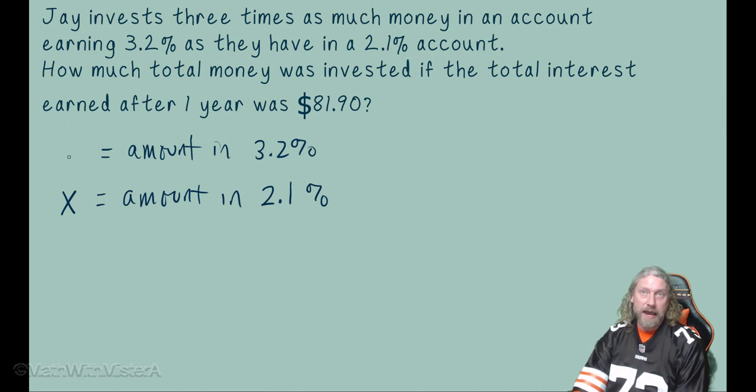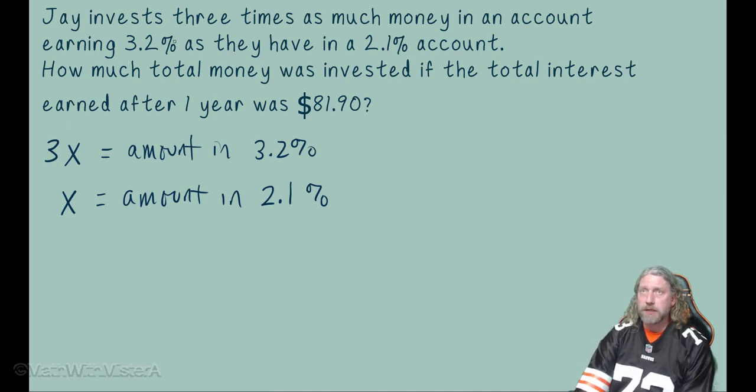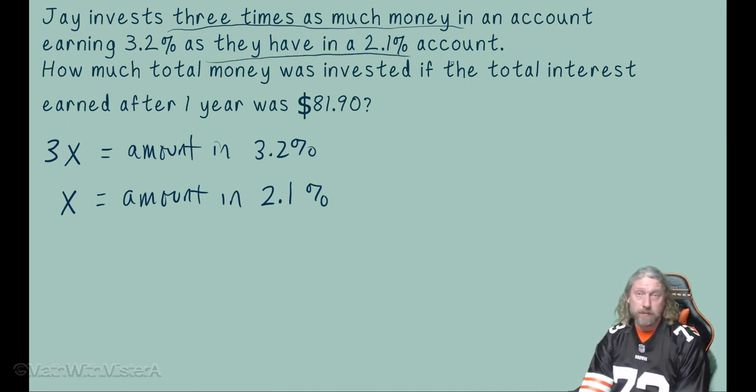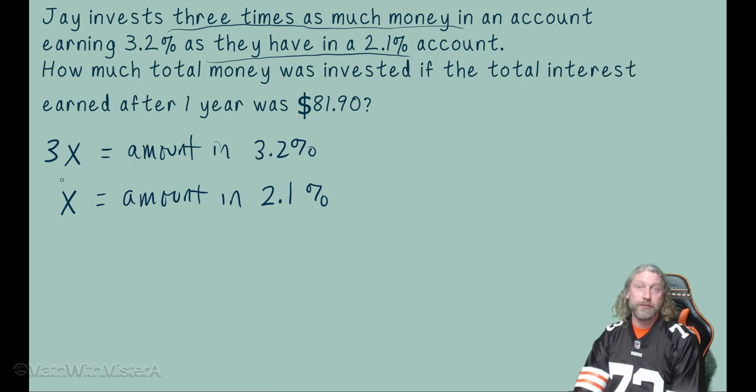So 3 times X. And that's how we'll use the variables for this problem. And again, this comes back to investing 3 times as much in the first account as they have in the other account. So the other account can be X. That first account can be 3 times X, 3 times as much money.